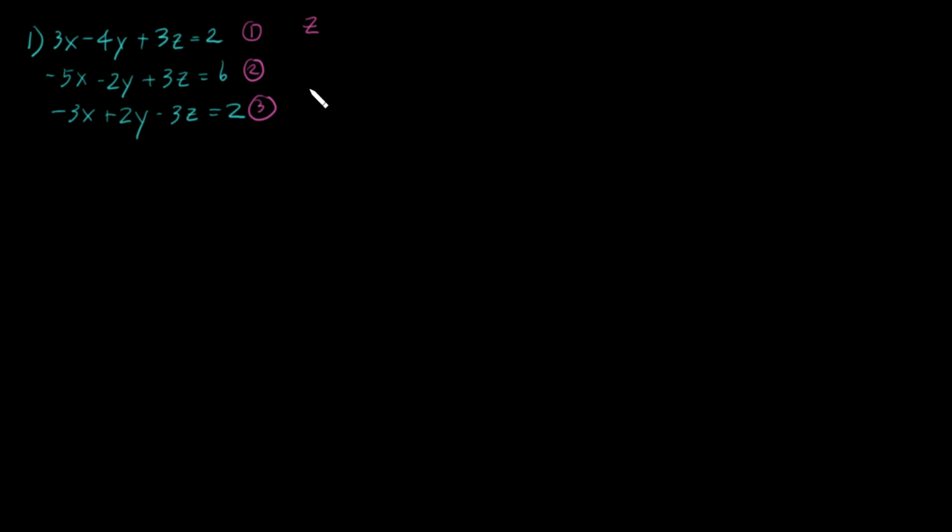Keeping that in mind, we have a +3 here and a -3 here. I'm going to go ahead and combine 1 and 3 together. It's 3x minus 4y plus 3z equals 2, and then we have -3x plus 2y minus 3z equals 2.